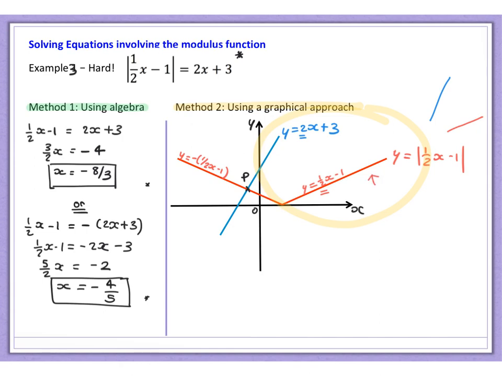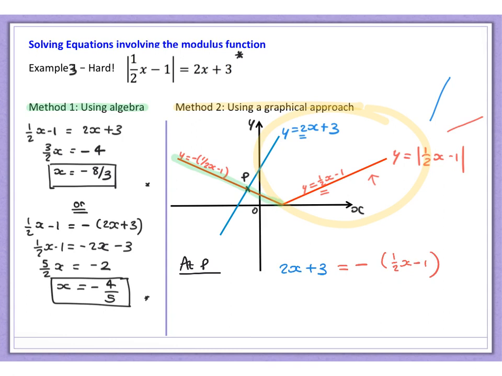The only intersection that occurs is the intersection of y equals 2x plus 3 with the other wing of the modulus function over here. So at P, we know we have a graph of 2x plus 3 intersecting a portion of the modulus graph, which is negative a half x minus 1.